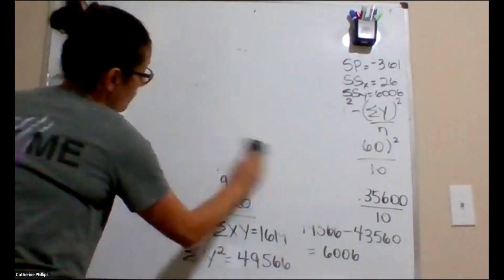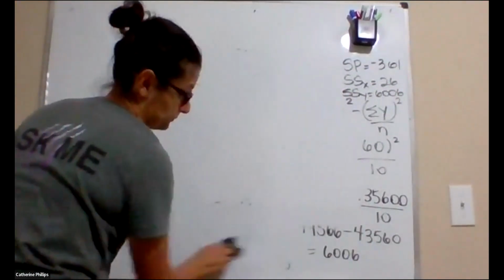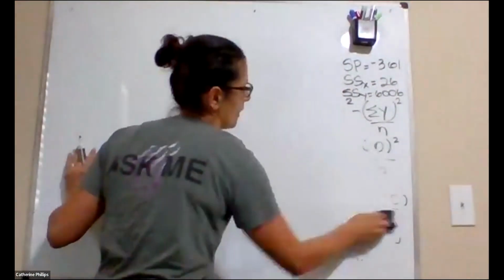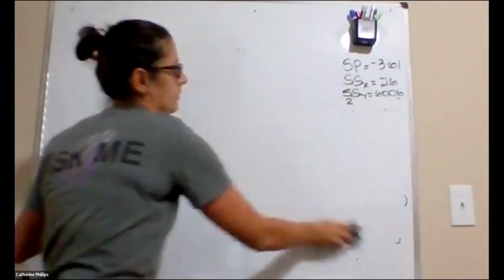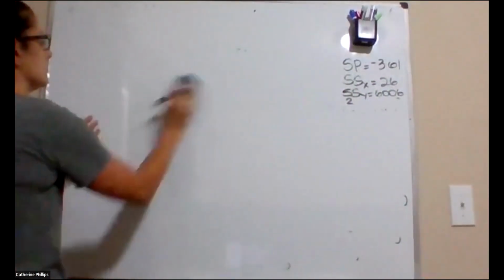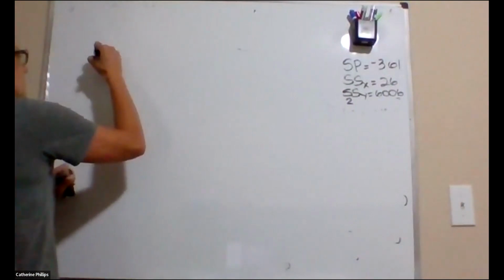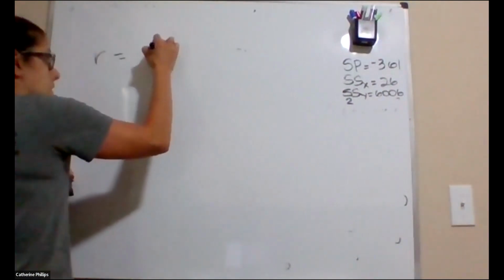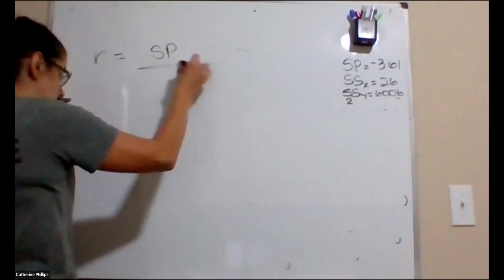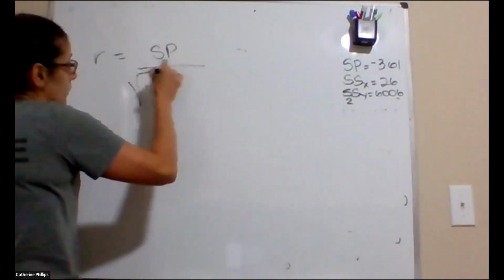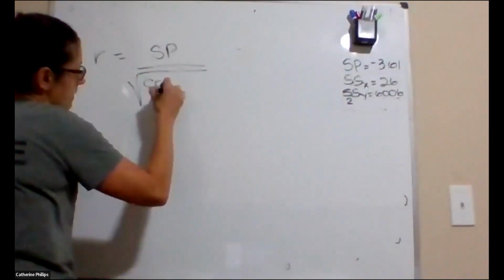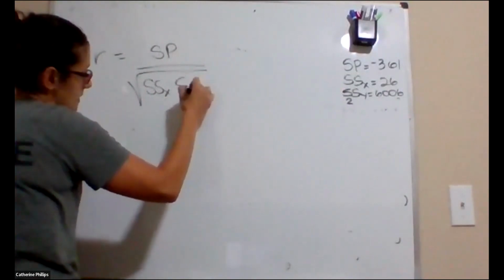Now I'm ready to calculate my R. Finally. Okay. So my R is SP, sum of products, divided by the square root of the sum of squares of x times the sum of squares y.